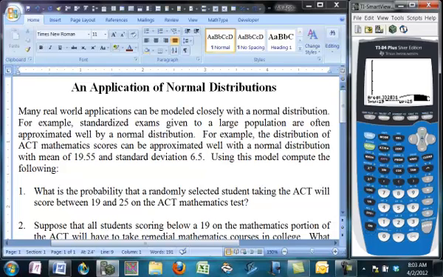Okay. Now we might want to change the window just a bit. ACT scores run from 1 to 36, so let's go from 0 to 37.